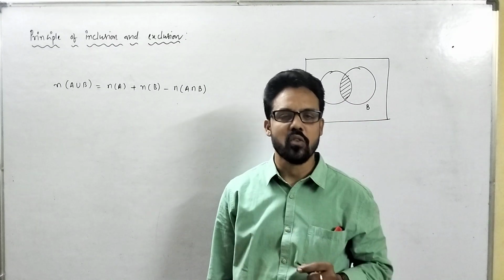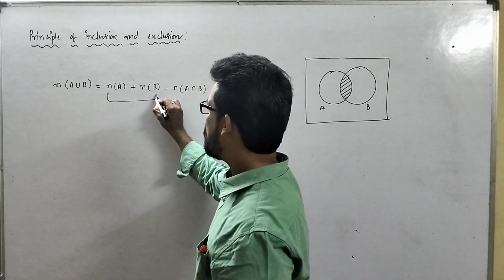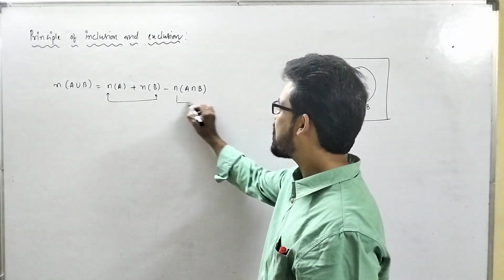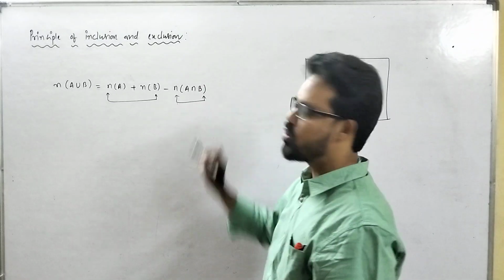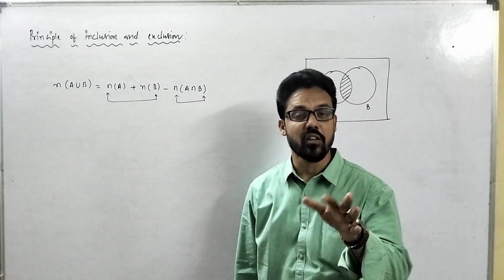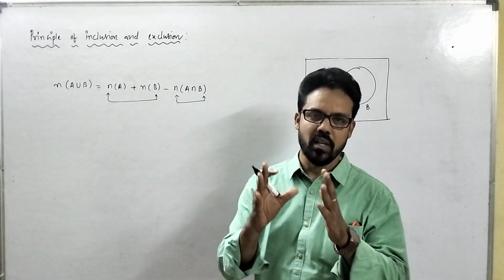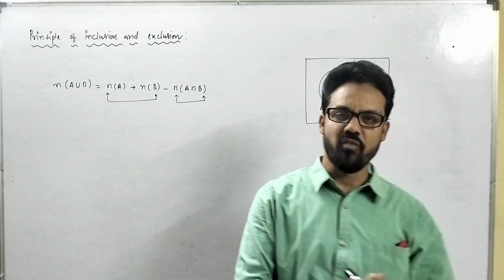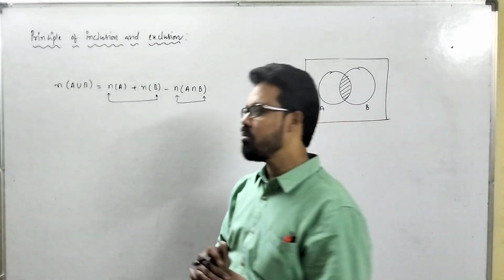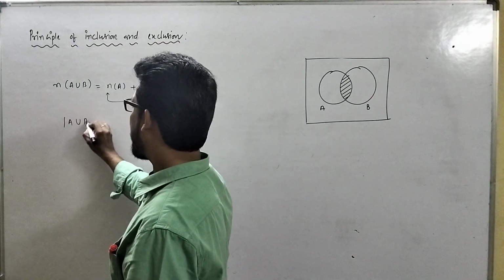Why is this principle called the principle of inclusion exclusion? This is called inclusion, that means adding, and the minus of this is called exclusion. Hence, based on the principle of inclusion exclusion, we write that n of A union B is equal to n of A plus n of B minus n of A intersection B. Sometimes in some textbooks we may see it written like this.